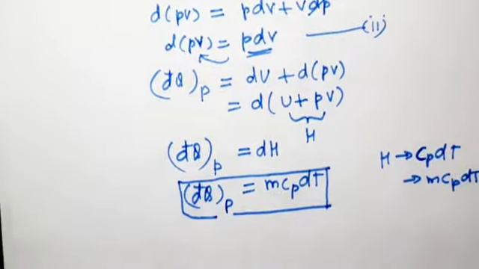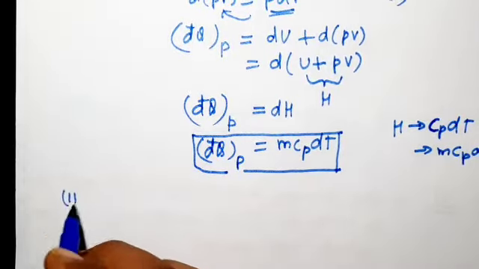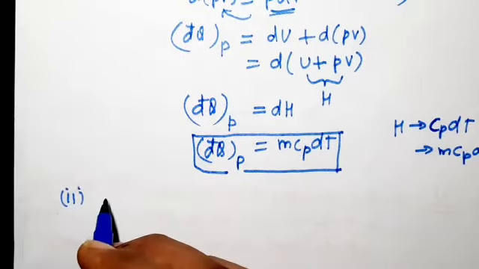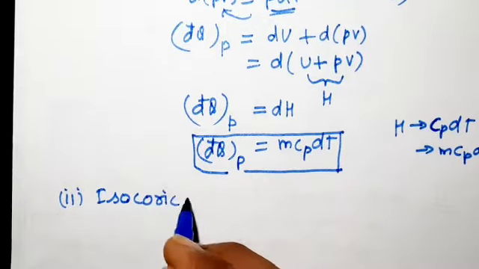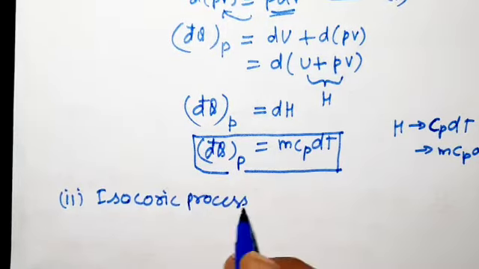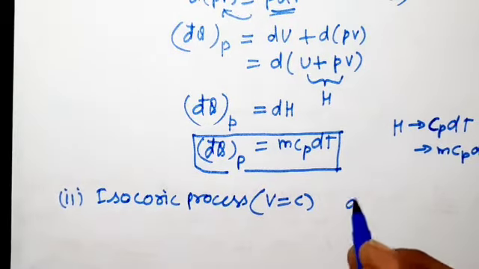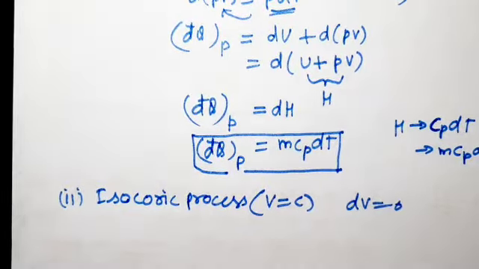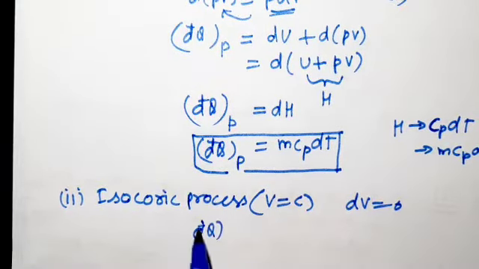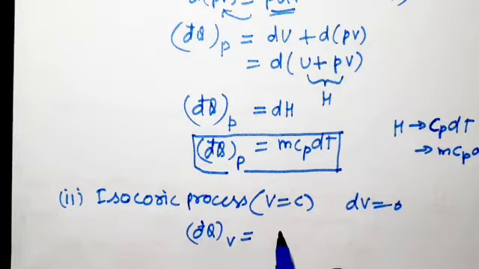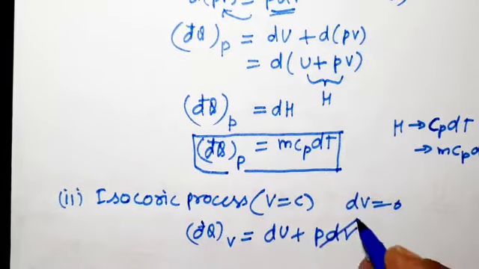Now we will discuss the second condition, the isochoric process, meaning volume is constant. If volume is constant, then dV is equal to 0. Applying the first law of thermodynamics, del Q suffix V is equal to dU plus P dV, and this term will be 0.